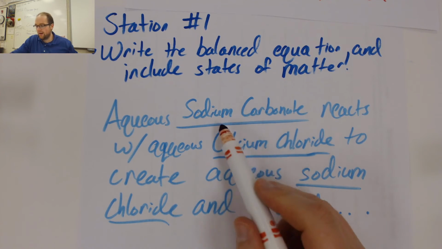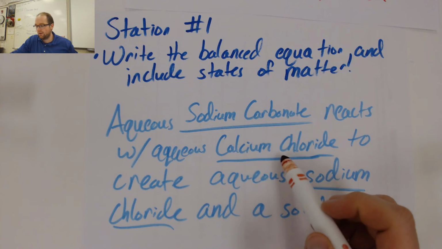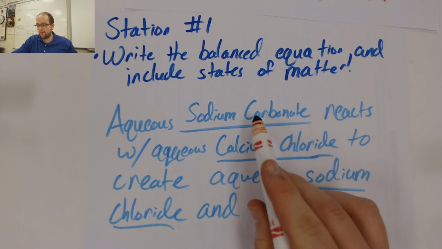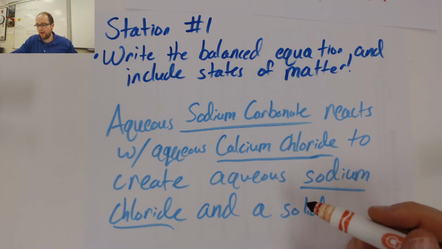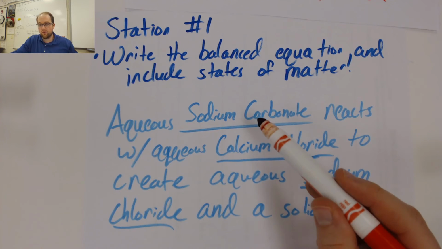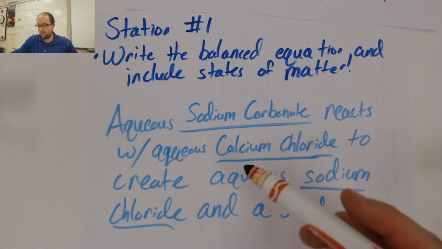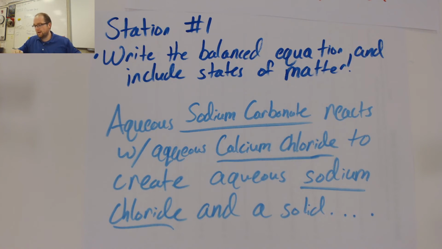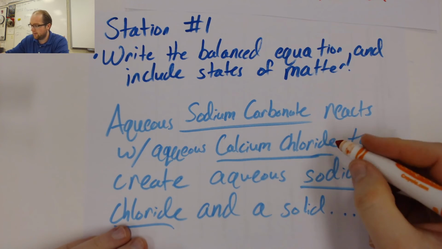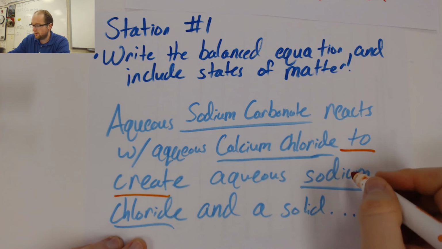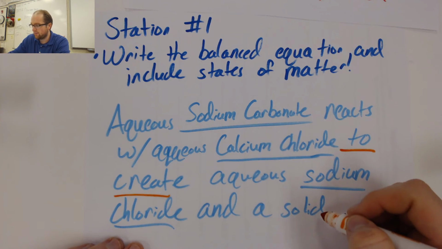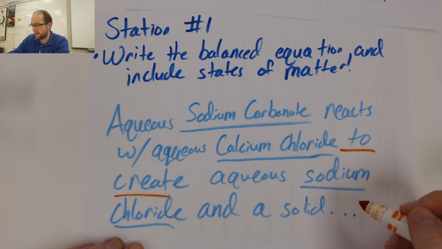Now you're going to need to take the names of these and make sure we write our formulas correctly. Those ionic compounds aren't going away. So sodium carbonate, calcium chloride, and sodium chloride are going to need to be written down. And notice here in the middle it says "to create" something new, the sodium chloride and a solid that we need to predict.